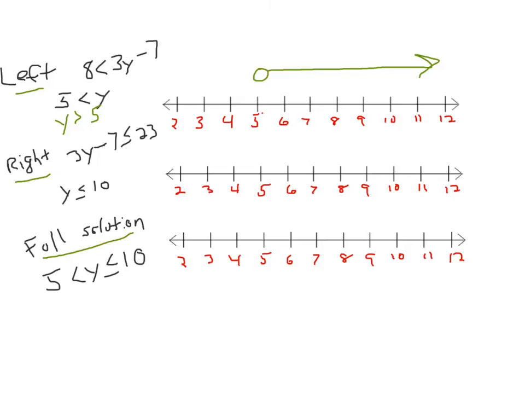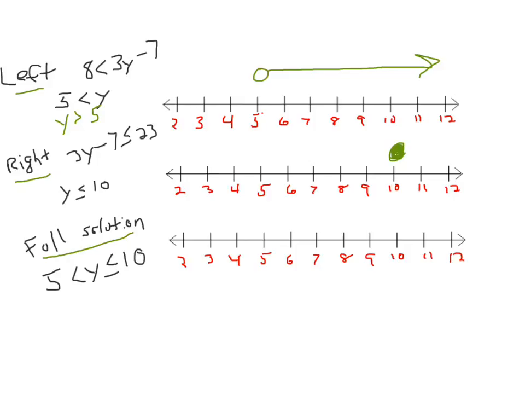For the right-hand side, the middle one, we need to do y is less than or equal to 10. Now, the or equal to part tells me that above 10, I need to put a closed circle. And we do need to remember that it's important as we do this to include open circles or closed circles depending on what the inequality symbol actually is.